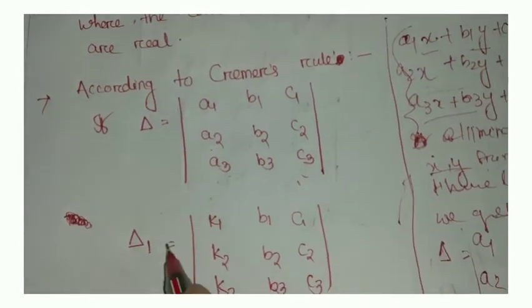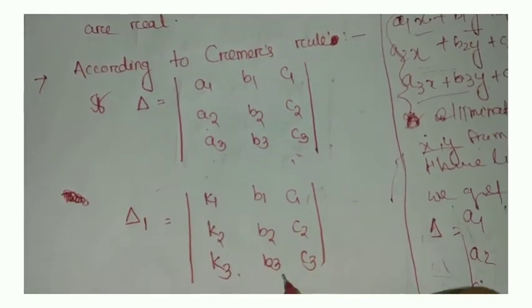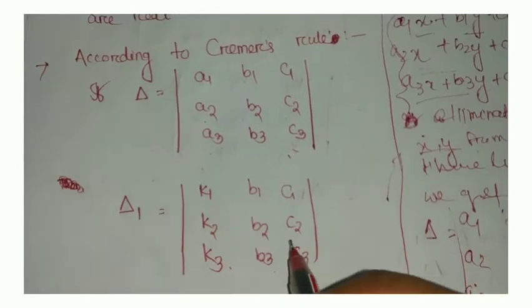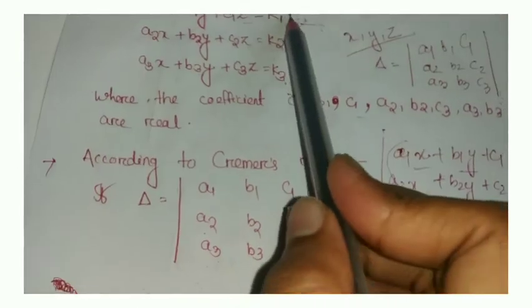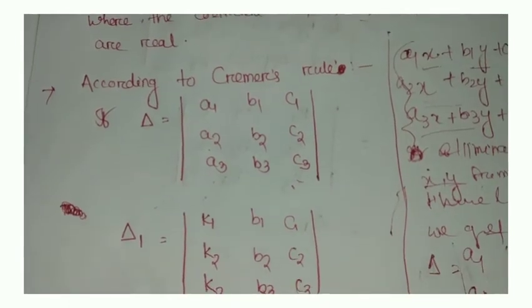And del 1 is equal to the determinant k1, k2, k3, b1, b2, b3, c1, c2, c3.